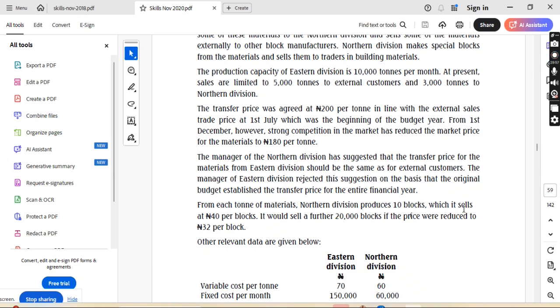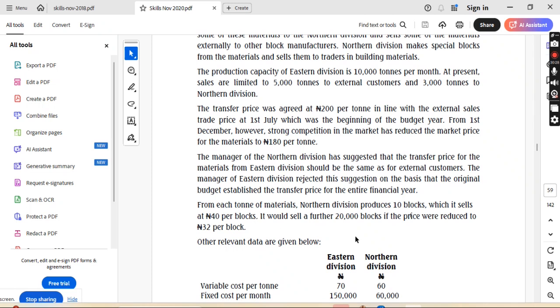Now, it sells at 40 naira per block. The Northern Division sells externally at 40 naira per block.